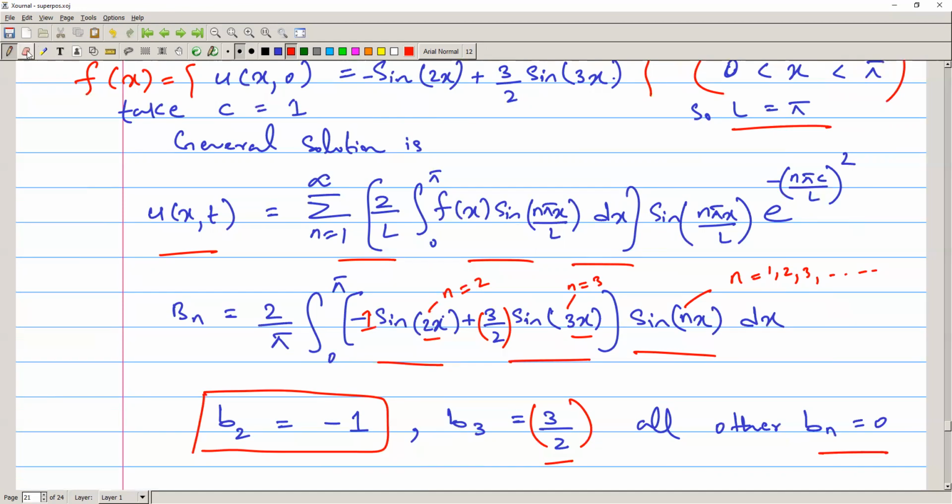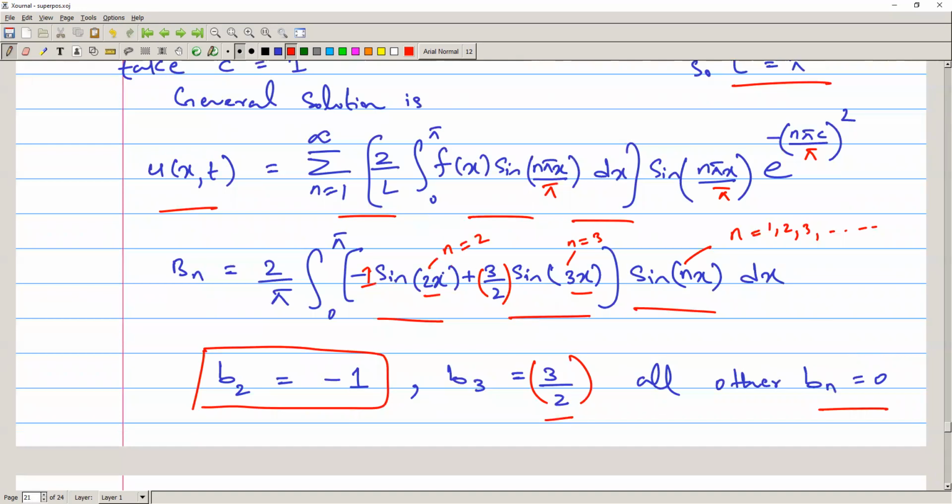So we can write pi here, because it's the general solution, and now we are talking about pi and pi here. So these will cancel out each other, right? Because we have taken L as pi in this question.